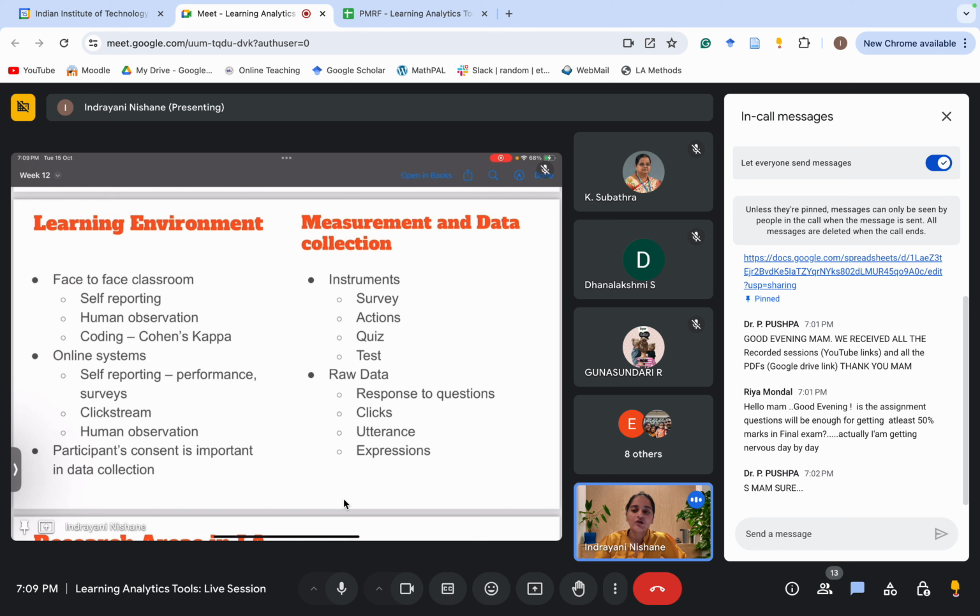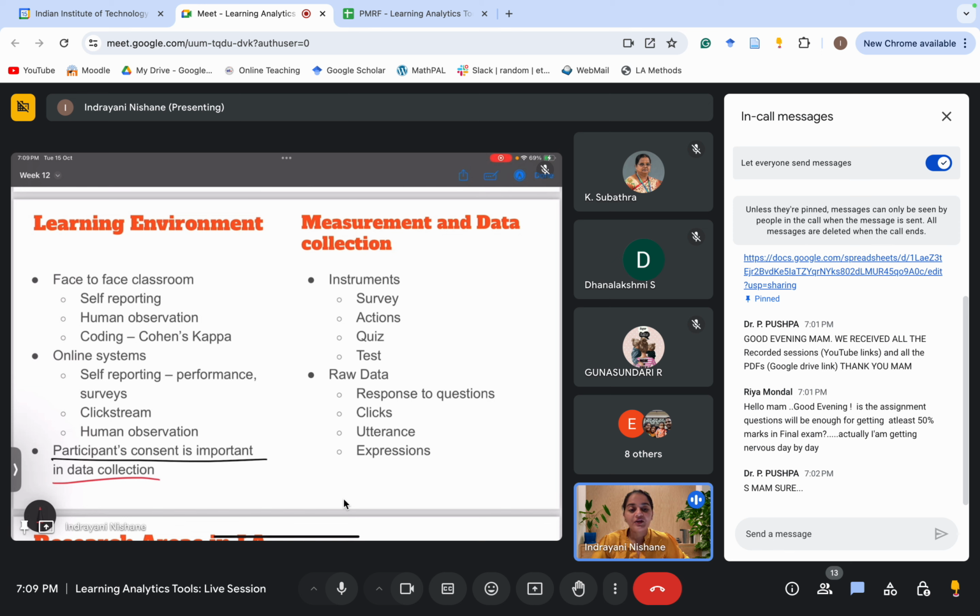Now before all these things, before we even start collecting the data, the most important point is getting the consent from the students, taking the permission to collect their data from the participants. That is considered a very ethical practice. It is part of data ethics in learning analytics.